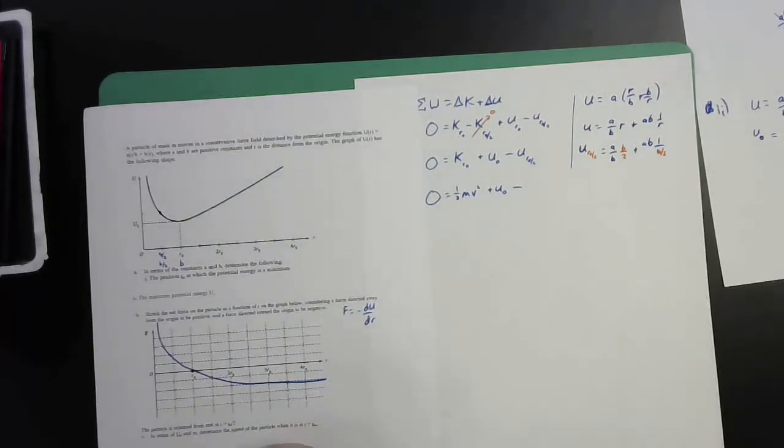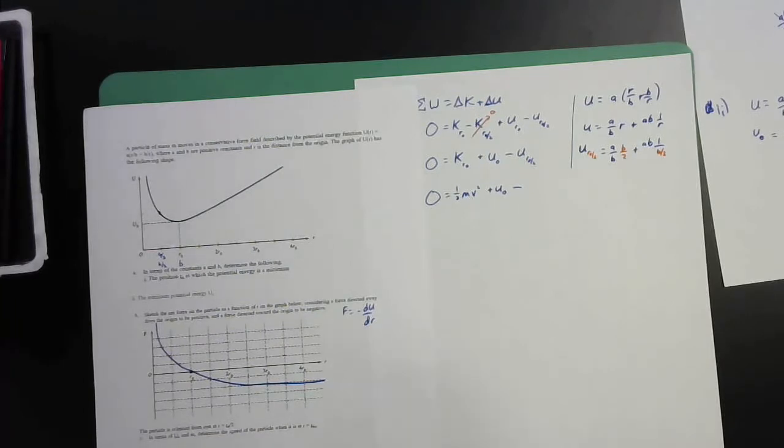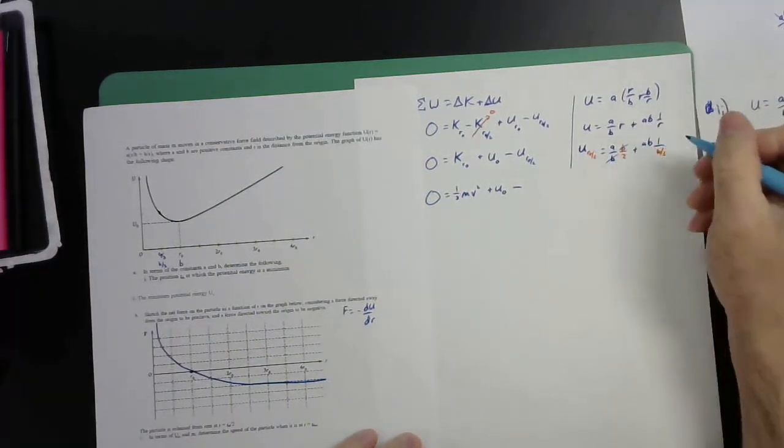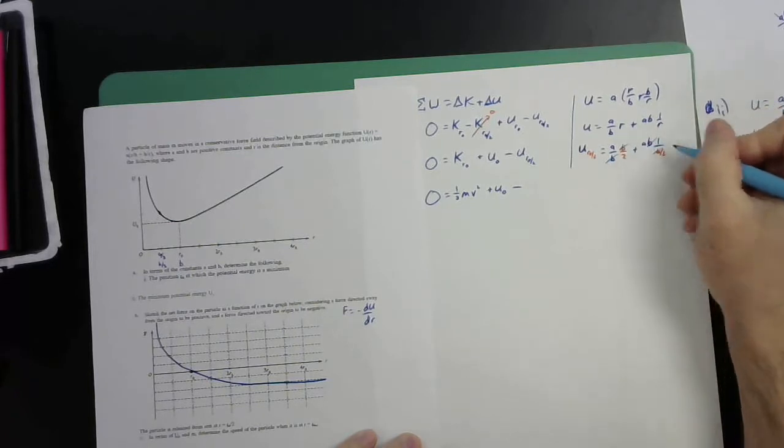If I do this, some cool stuff is going to happen here. This B cancels, and this B cancels.